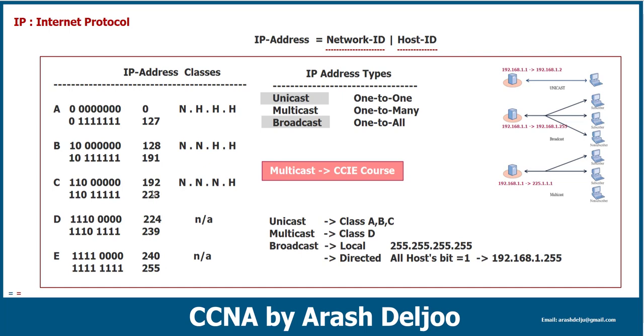If we find in the first octet a number between 192 and 223, that is a class C IP address. If the number in the first octet is between 224 and 239, that is a class D IP address. And finally, between 240 and 255 is a class E IP address.